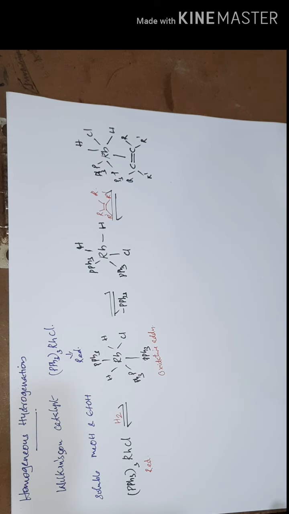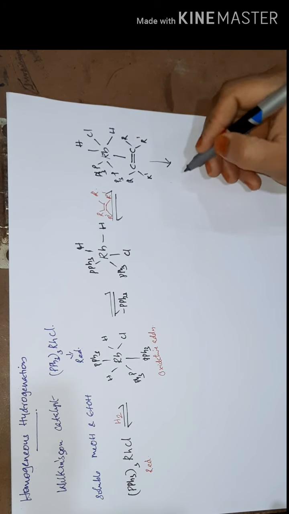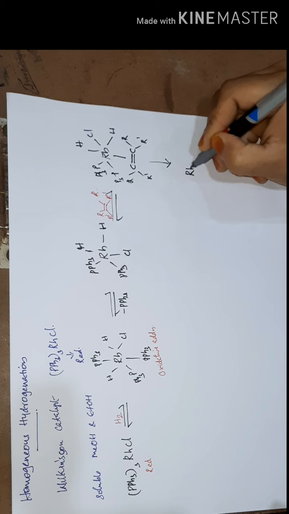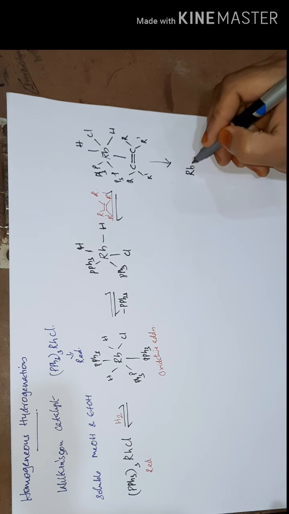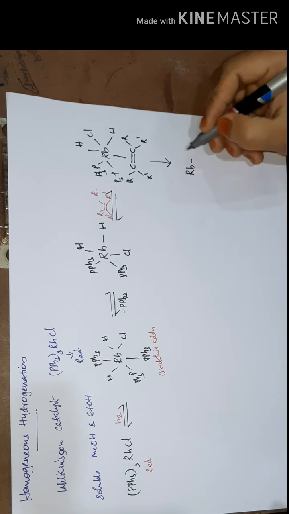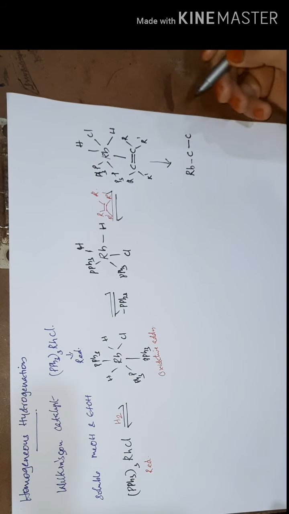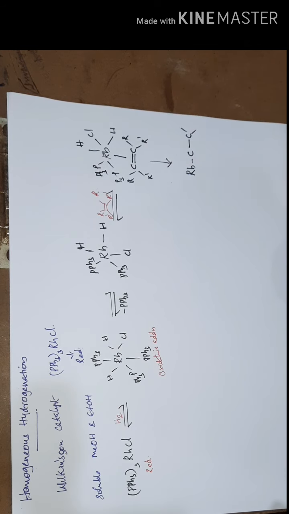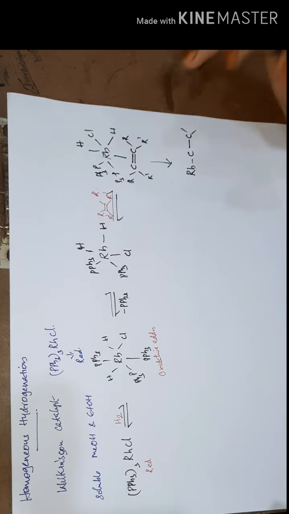Thus, the structure may be represented like this. A Rh-C bond is forming between rhodium and carbon, and the next carbon atom is occupied by a hydrogen atom from this complex.